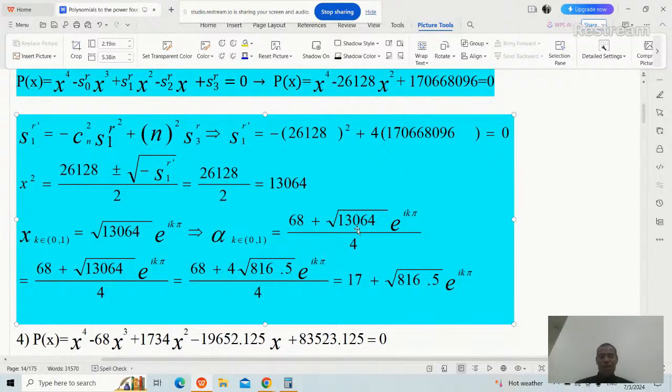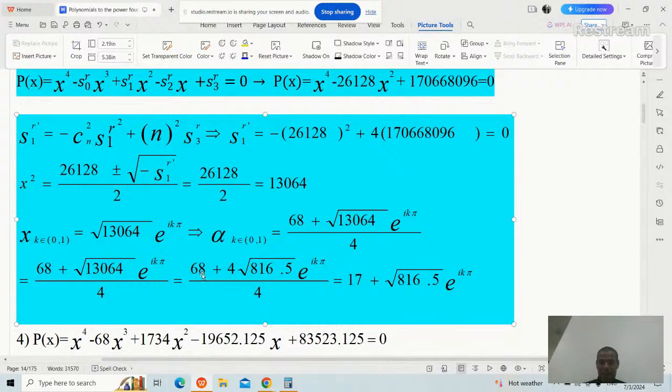Therefore, for the first root, I can simplify this more, learners. It will be 68 plus 13,064, raised to the power half, times exponential ik pi, all divided by 4.